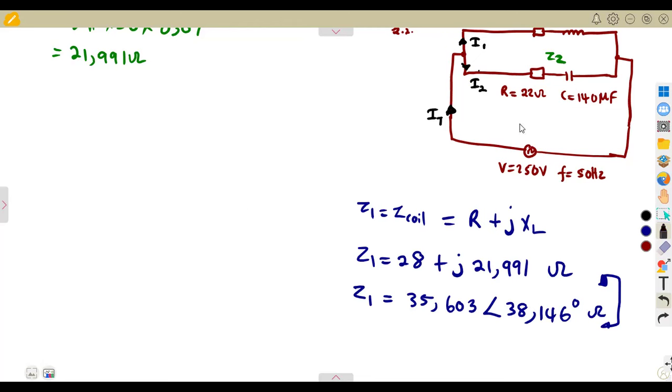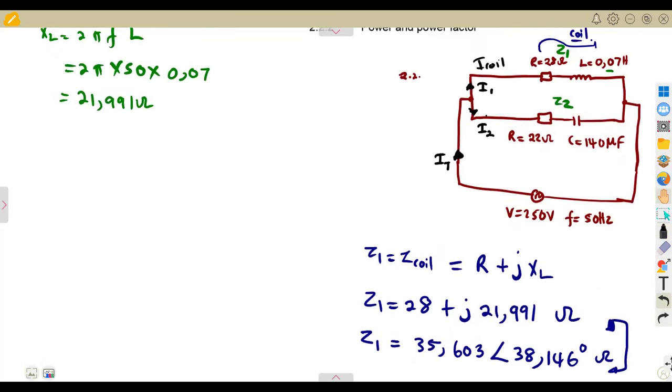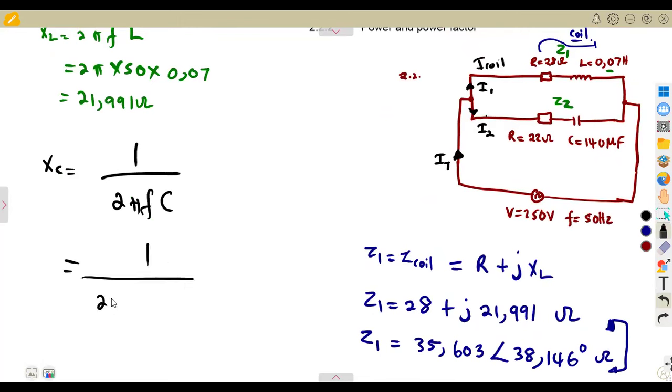Again, you're going to need Z2 from the RC circuit. Because it is an RC circuit, our Z2 is going to be R minus JXC, so you need to calculate XC, the reactance of the capacitor, from 1 over 2 pi FC. That is 1 over 2 pi times the frequency of 50, then the capacitance, which is 140 times 10 to the exponent of minus 6, from the microfarad.